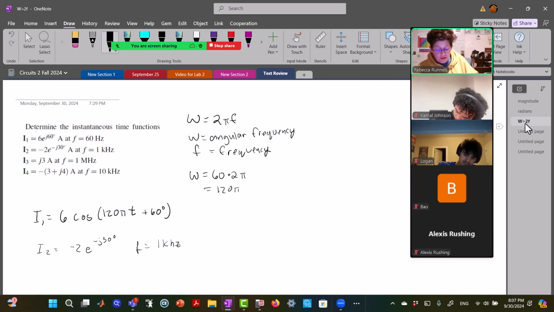So we need to get omega, so omega will be 2 pi times 1,000, or 2,000 pi.